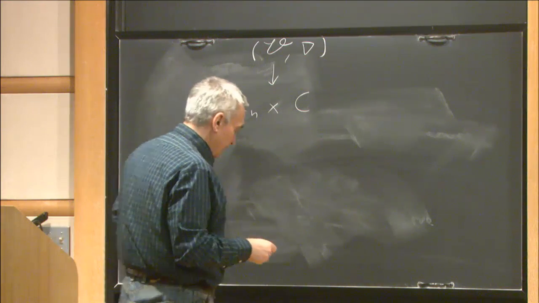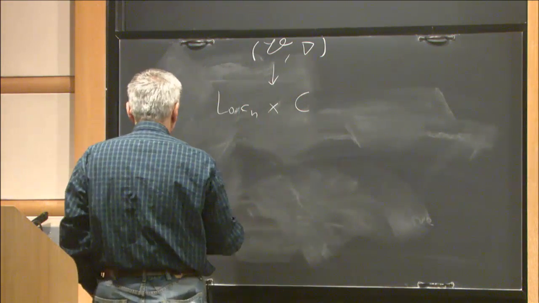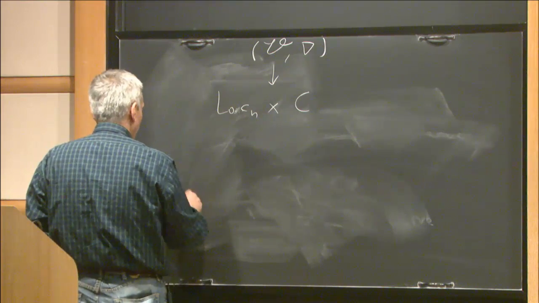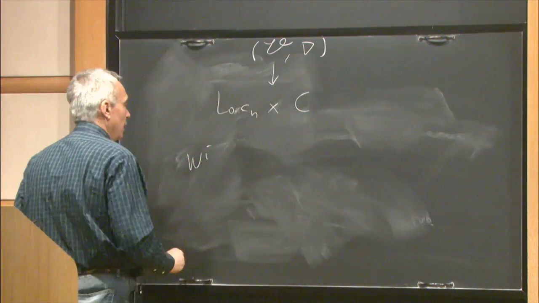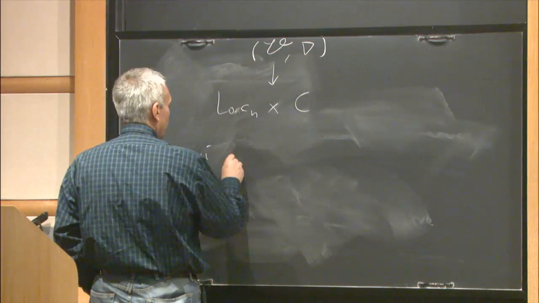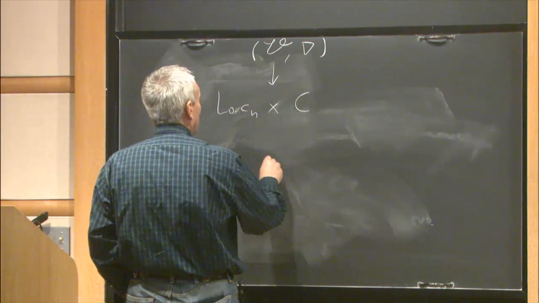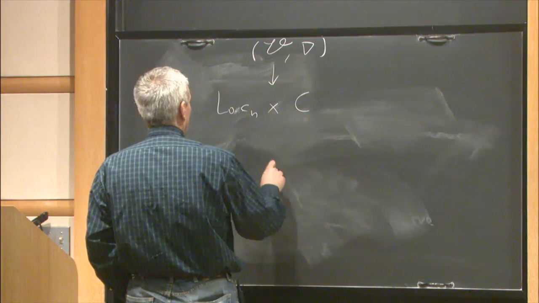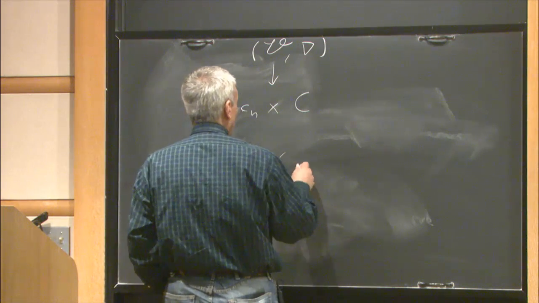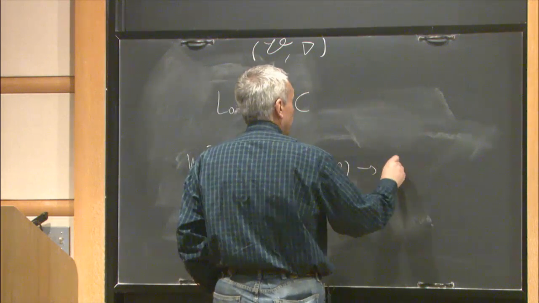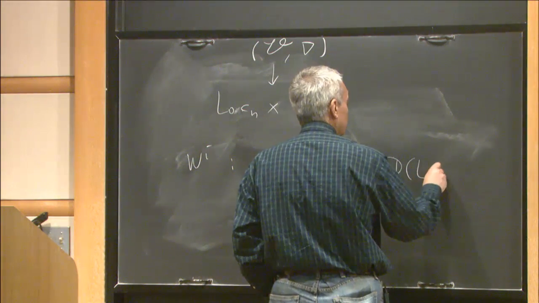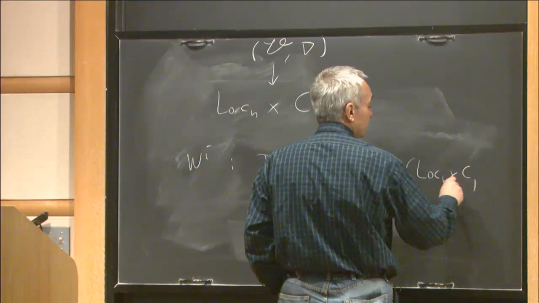And the tensorization operator is an operator, so Wi. So it's going to be again a map from the derived category of all modules on the local systems to the derived category of all modules on the local systems cross the curve.